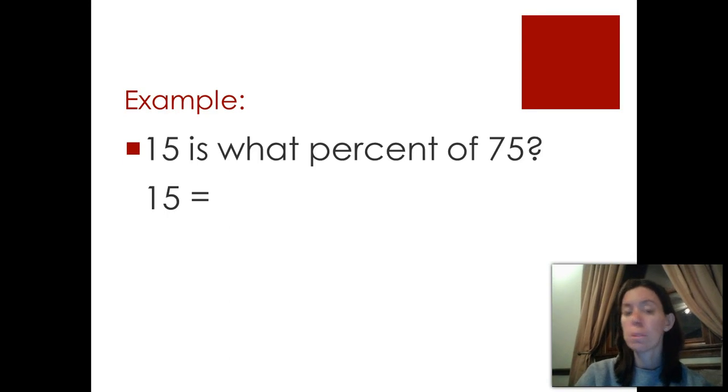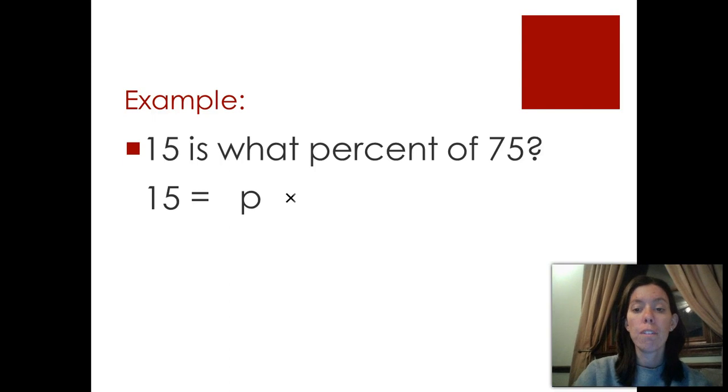This time we don't know the percentage, so we're going to put p there, of 75. Now if you put in a little percentage symbol here, that's fine. It won't hurt anything, but it's not necessary. You don't need it. So if you see what or what percent, you can put p in its place.